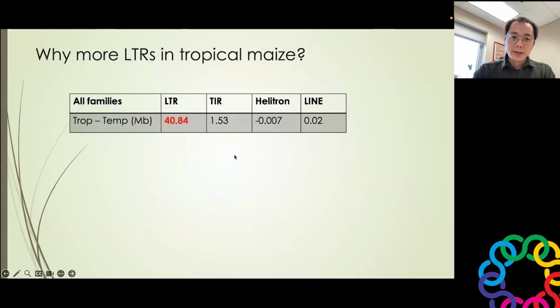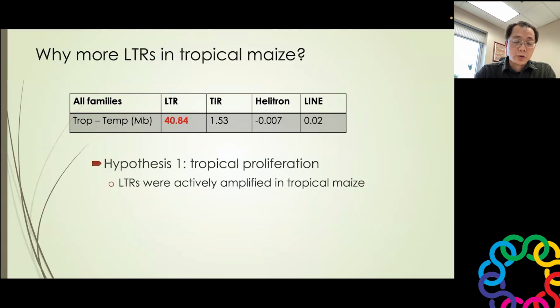So together, LTR retrotransposons contribute over 40 megabases difference between tropical and temperate maize genomes, with some from others. So we wonder why, right? There could be two possibilities. One is that the LTRs are more actively amplified in tropical maize, which makes it larger.